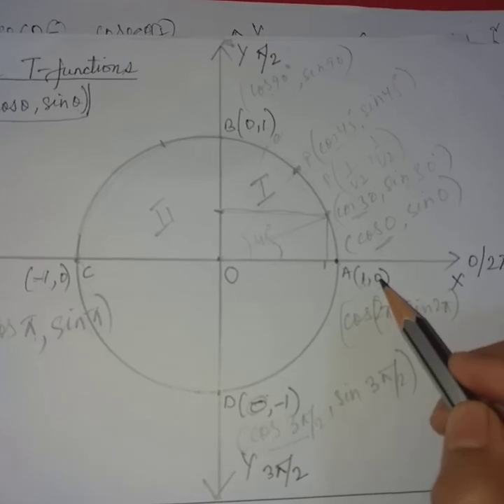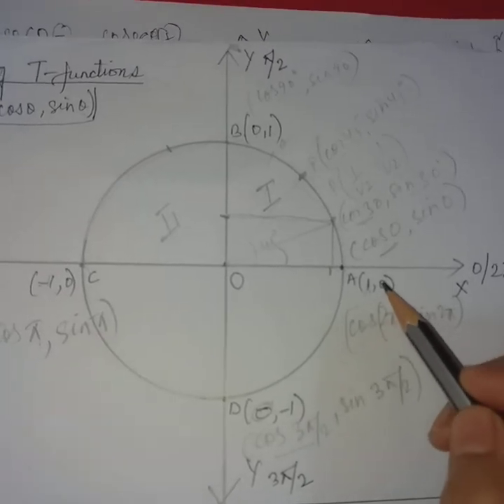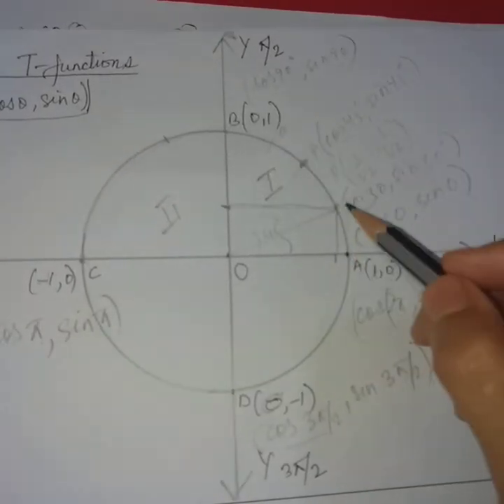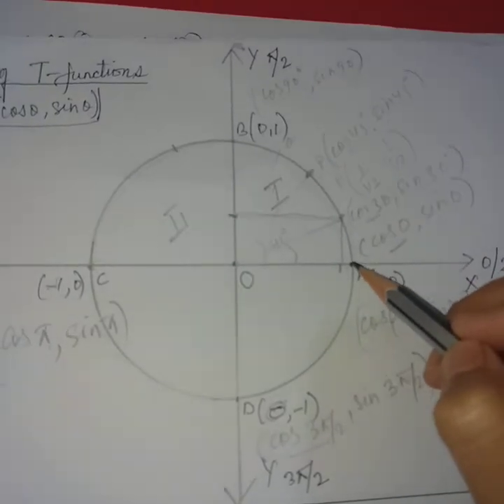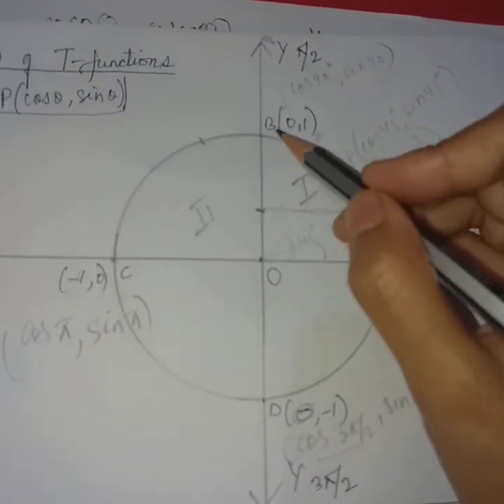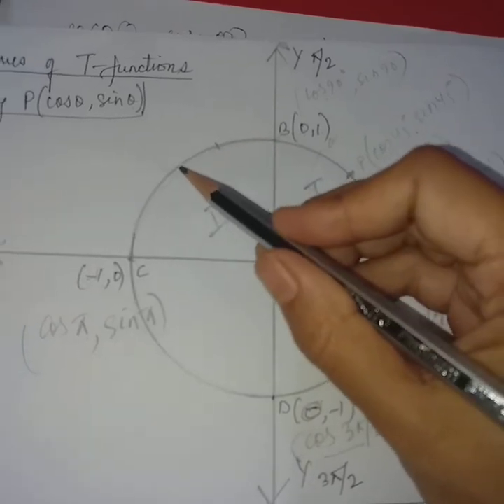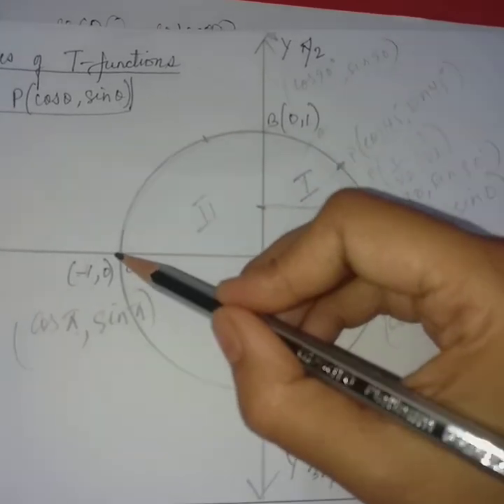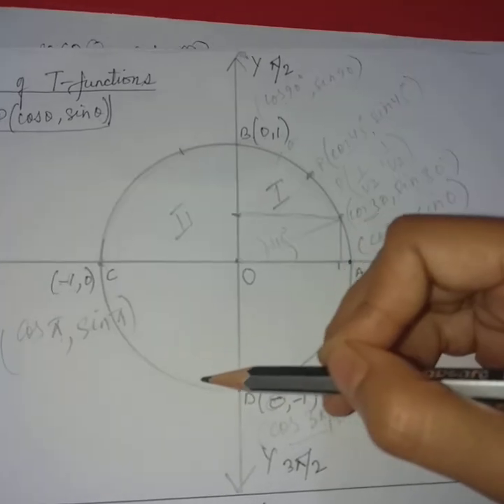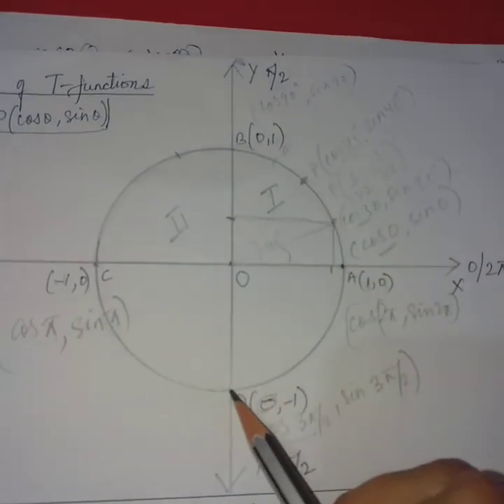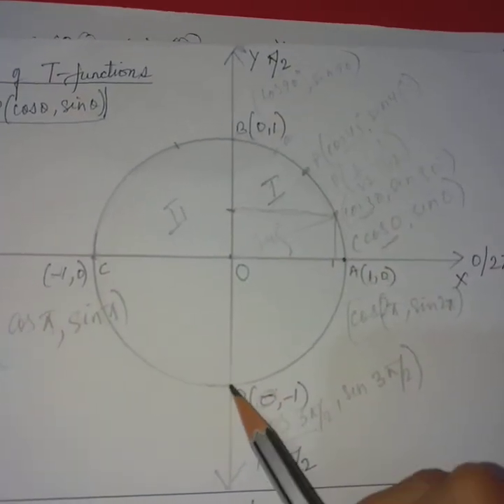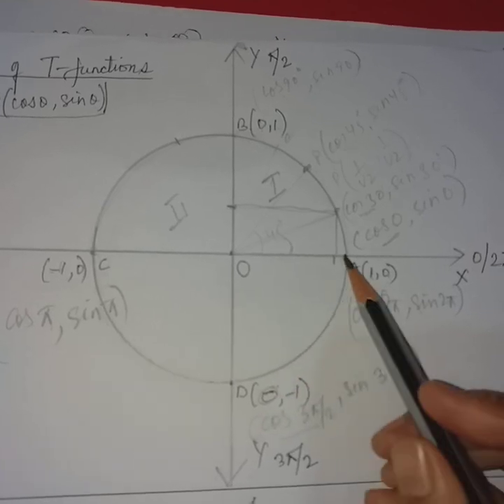And for sine, at 0 degrees the sine is 0, and at 90 it becomes 1. That means the y coordinate is increasing, it becomes 1, and again the y coordinate is decreasing, the value of sine becomes 0, and it keeps on decreasing to minus 1, and again it keeps on increasing to 0.